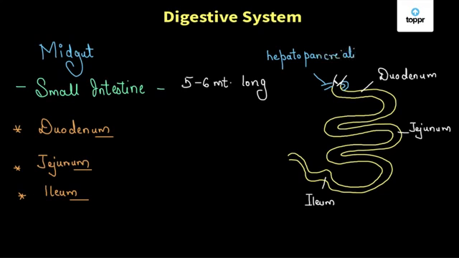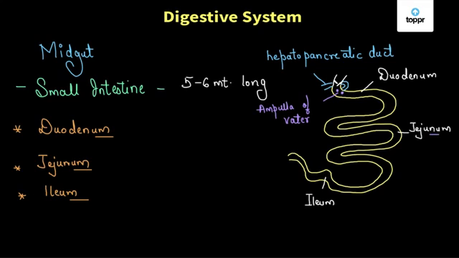This duct consists of the juices carried from the liver as well as from the pancreas, and the point where these open inside the duodenum is what we call the ampulla of Vater. So this is the ampulla of Vater, which is the opening of the hepatopancreatic duct which opens into the duodenum.